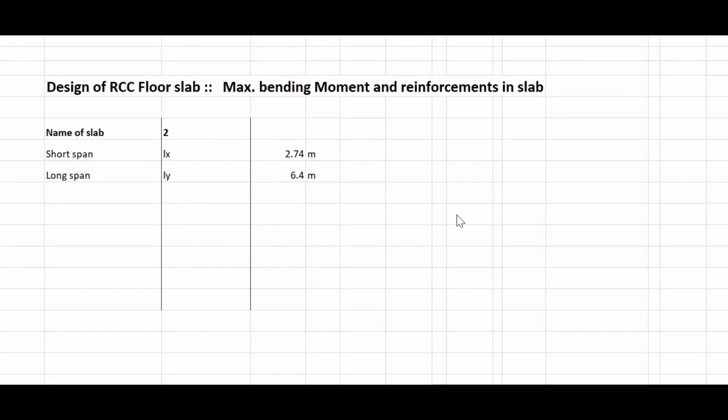Here we are going to see the calculation of maximum bending moment and reinforcement in the slab. The given figure is slab number 2, with span Lx and Ly which we saw a little before.